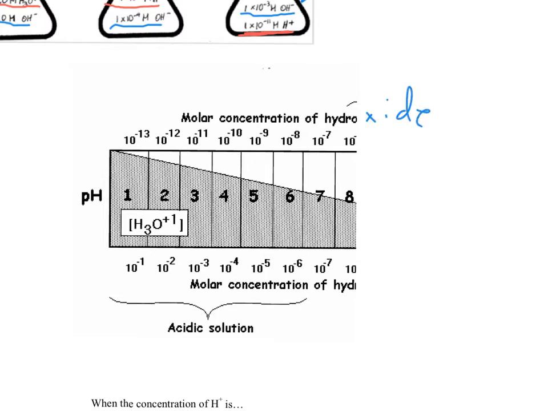And down here it says hydronium, or actually yours just says hydrogen ions. So let's just keep it the same. Hydrogen ions. I think this one goes all the way over here.